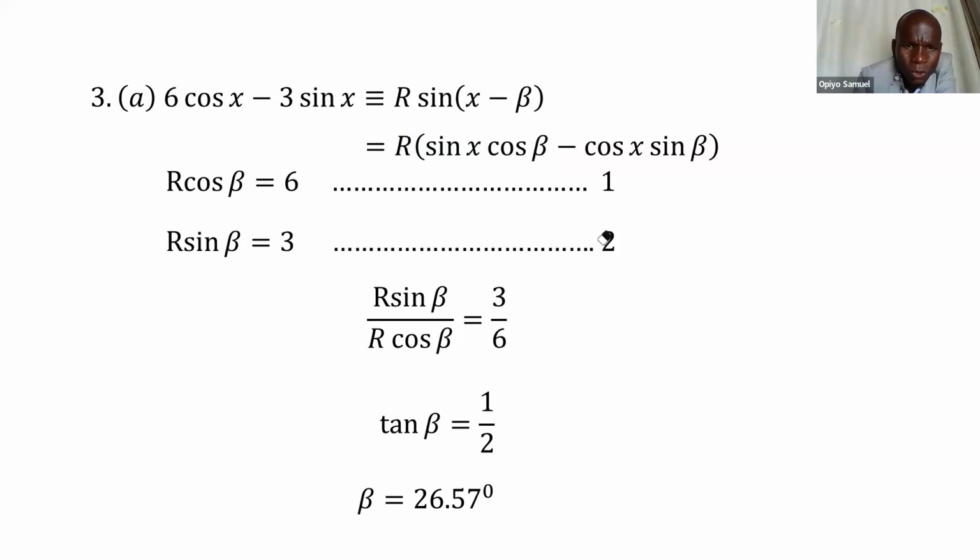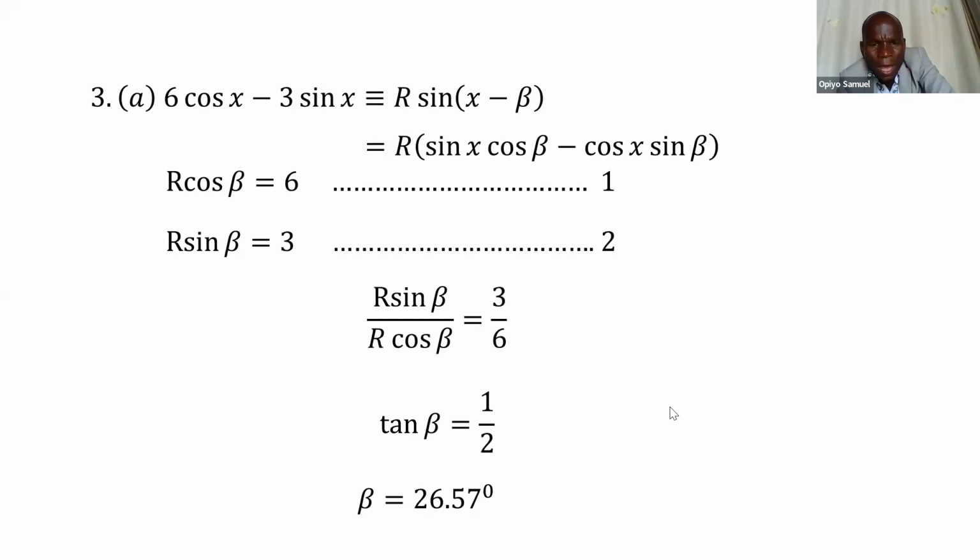If we divide equation 2 by 1, we get sine beta over cos beta. R will cancel. When R cancels, we remain with tan beta equals a half. And from here, tan beta equals a half, and beta is arctan of a half, and arctan of a half is 26.57 degrees.